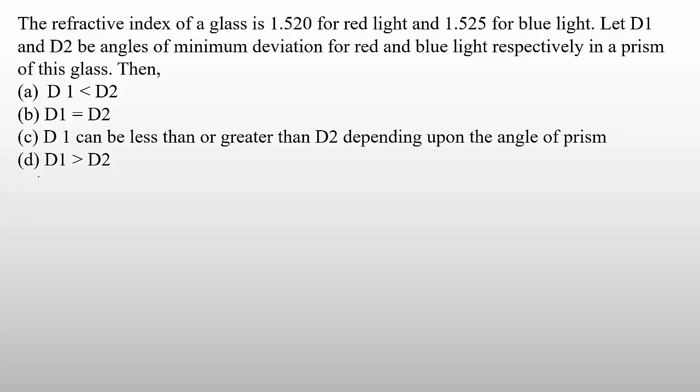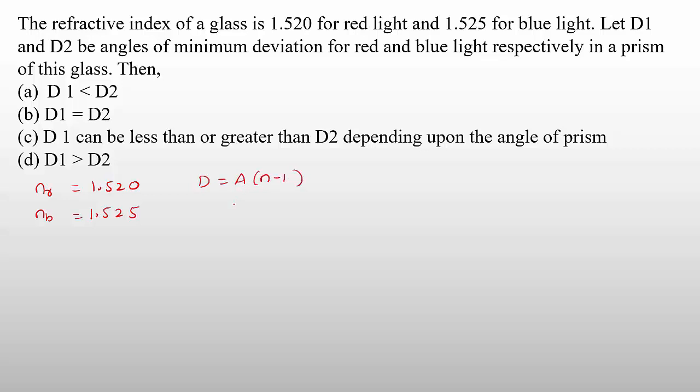Refractive index is denoted by N. For red light we can write NR, that is 1.520. Similarly for blue light, NB equal to 1.525. These are the refractive indices of red and blue light. So we have the equation D equal to A into N minus 1. This is the angle of minimum deviation.